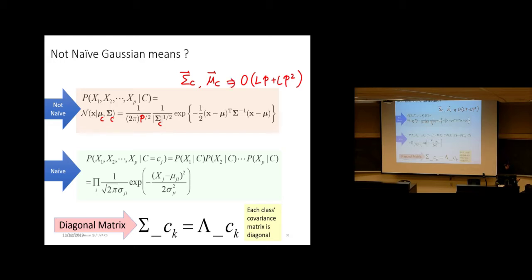Versus the naive case, which is 2PL. So the non-naive case has P quadratic more, right? It sounds okay, but in fact, just a little bit larger P makes the P quadratic extremely difficult.